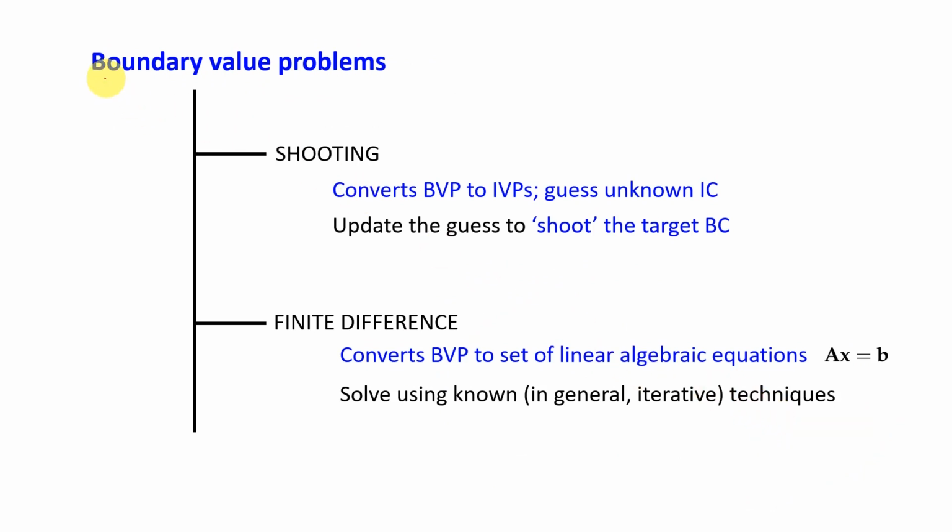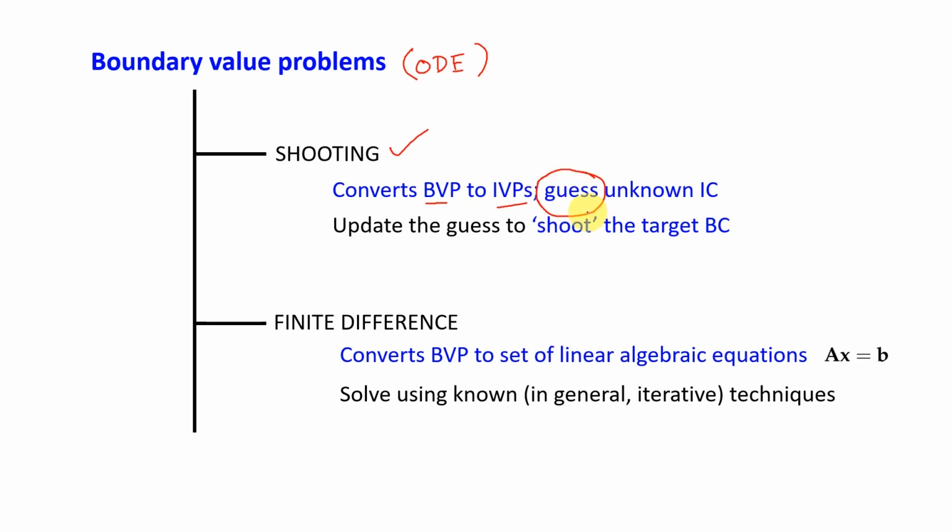Just as a recap, boundary value problems in ordinary differential equations usually take one of these two routes. The first method is the shooting method that we have already discussed. Shooting method converts the boundary value problems to initial value problems. Of course, within these initial value problems, we don't know all the initial conditions, so we have to guess the unknown initial conditions.